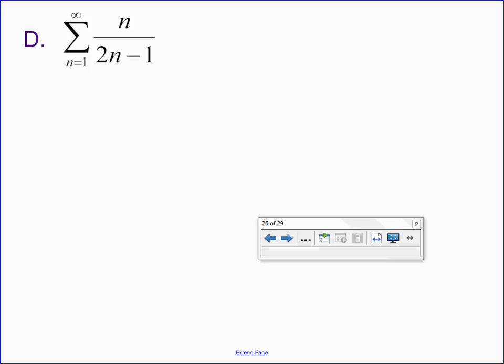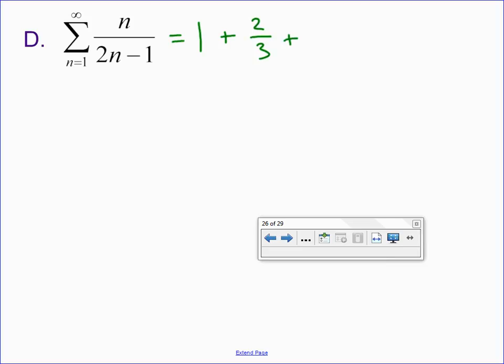Arithmetic, geometric, neither. I don't know. I'm going to start listing the terms and summing them together and see if this resembles an arithmetic or geometric sequence. Here we go. Term 1. 1 over 2 minus 1 is 1 over 1, 1. Plus. Next term. 2 over 3.